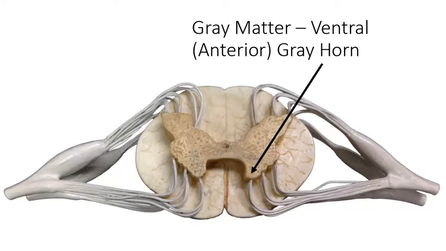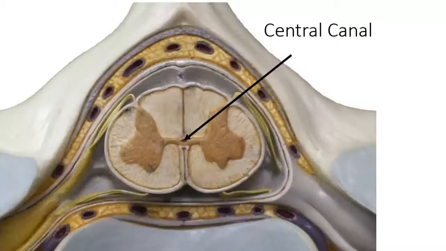At the center of our spinal cord, you've got a hole there. That's the central canal. That's where we find cerebral spinal fluid. And here it is on the other model.